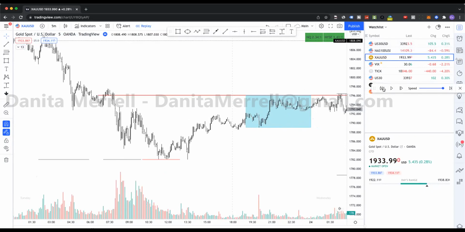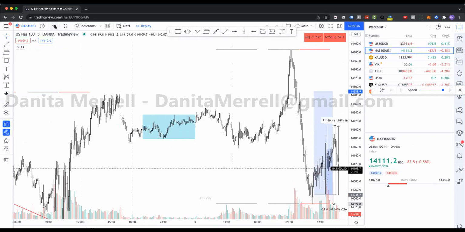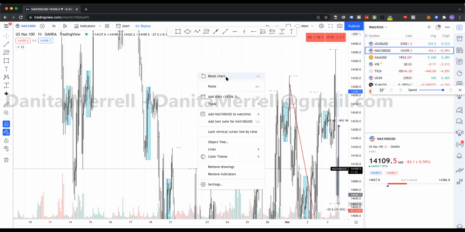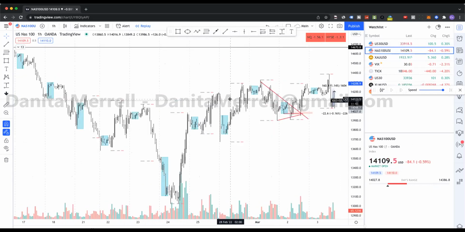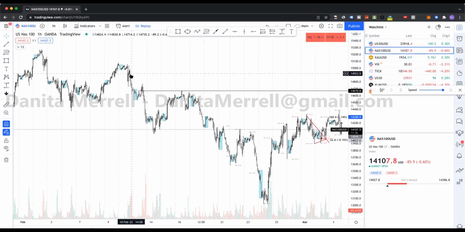We look over here on NAS. Let's look at an hourly time frame real quick. Okay, you can see how we're starting to trend down here, and then we have our blip, and then it comes and tests it and then continues dropping.